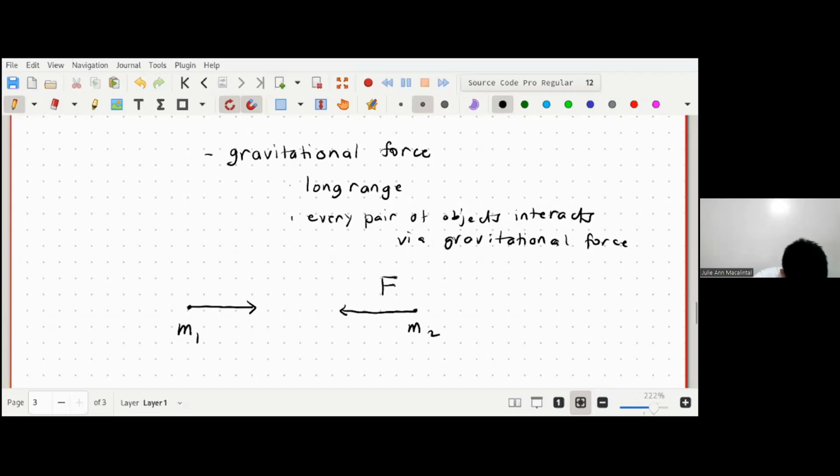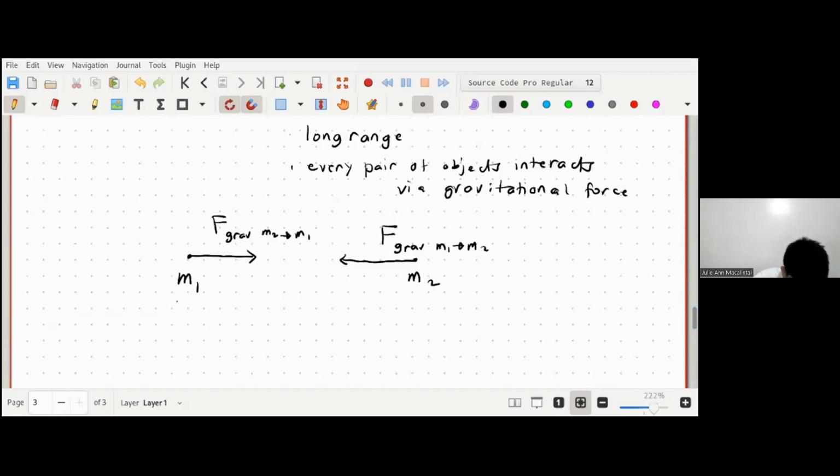So ito, F gravitational from M1 acting on M2. Ito naman, the gravitational force from M2 acting on M1. Newton's third law says, dapat equal sila, at least yung magnitude. Lagyan ko ng vector sign.